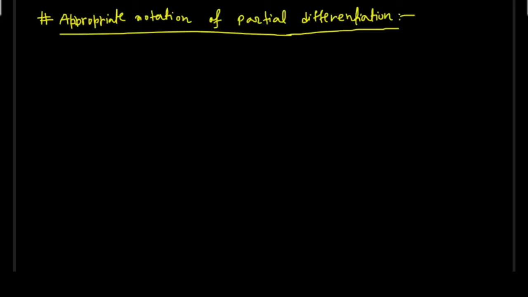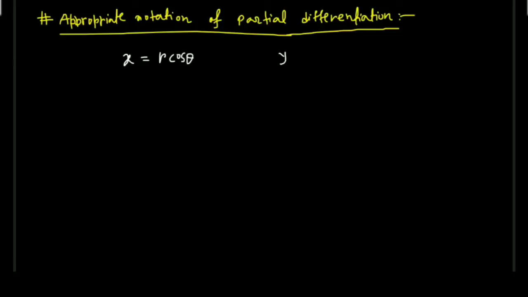So let me take an example so that the concept will be more clear to you. Let me take the popular relation between the Cartesian coordinates and the polar coordinates, that is x is equal to r cos theta and y is equal to r sin theta.